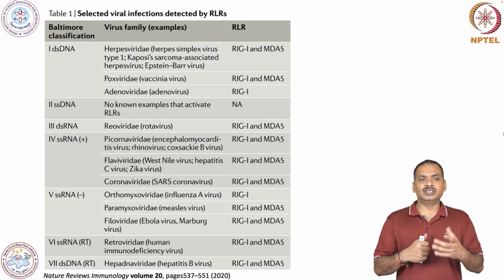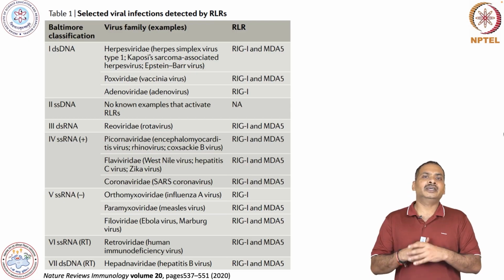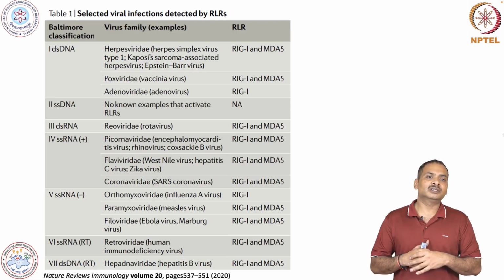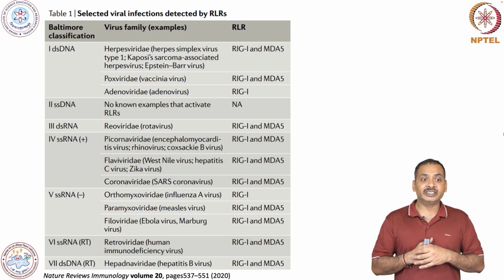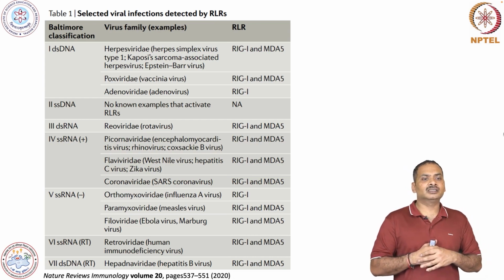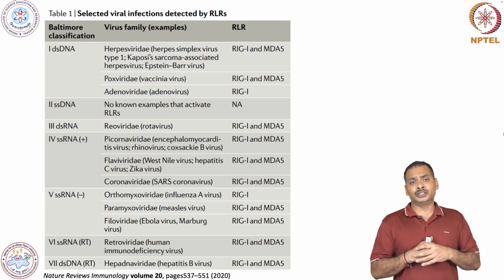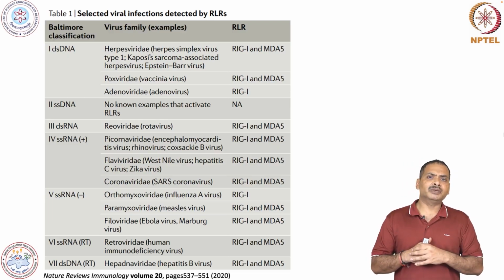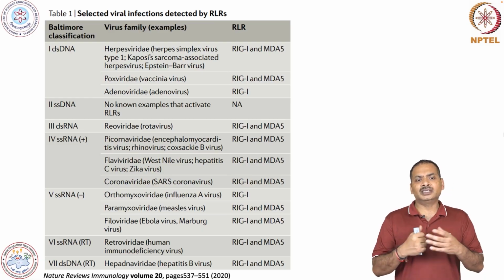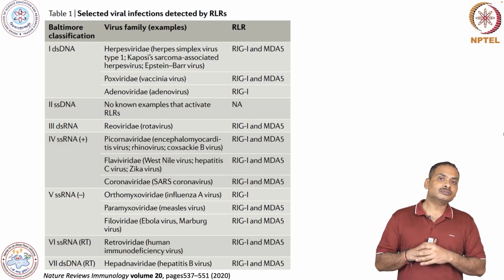Class 2, single stranded DNA, it is not known that any of this RLR member recognizes single stranded DNA molecules. The third class is double stranded RNA viruses, which is basically the Reoviridae family members, and the best example is rotavirus, and this is recognized by both RIG-I and MDA5.